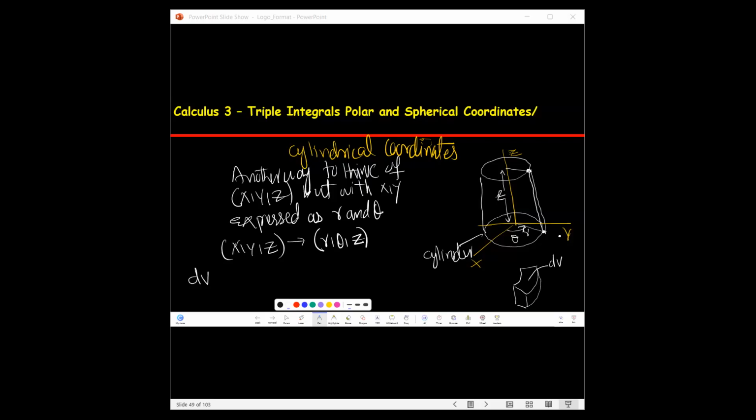I just break it out of this and call it dV. dV used to be called in rectangular coordinates dx, dy, dz. And we also learned that when we convert into cylindrical coordinates, we cannot say dr, d theta, dz. This is supposed to be converted into r dr, d theta, and then dz.